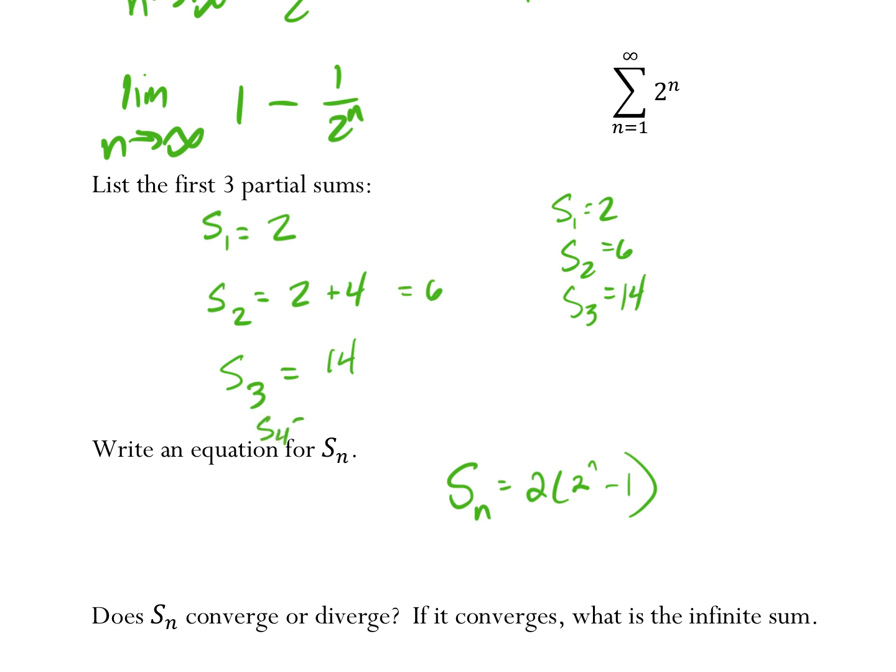So let's see, S4, let's double check it. Ignore what I wrote here, because first we'll put what you just said into symbols and then decide. S4 would be, we'd add 16, which would be 30.